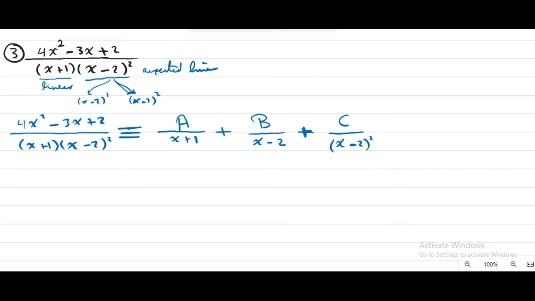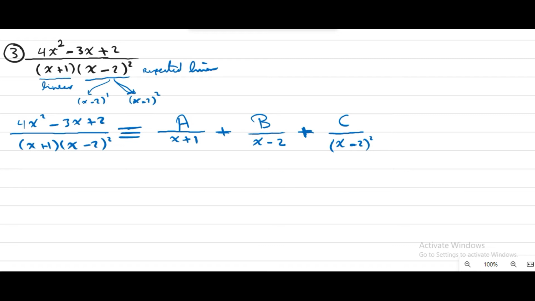Here which method will we use? Or another question, can we use the cover-up method here? Yes, we can use the cover-up method to solve the question, but not the whole question as in the last two questions. Here we'll use the partial fraction method in a part of this question.